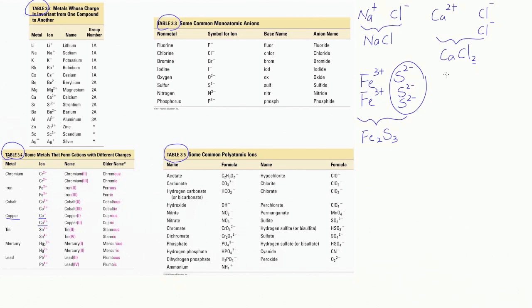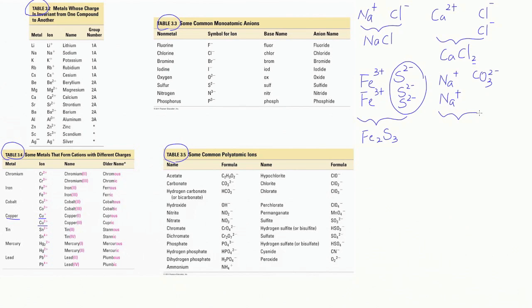Let's see some examples involving polyatomic ions. Same strategy. For instance, if you have sodium cation and carbonate, CO3 2 minus, you need 2 sodium to balance the 2 negative charges of the carbonate.